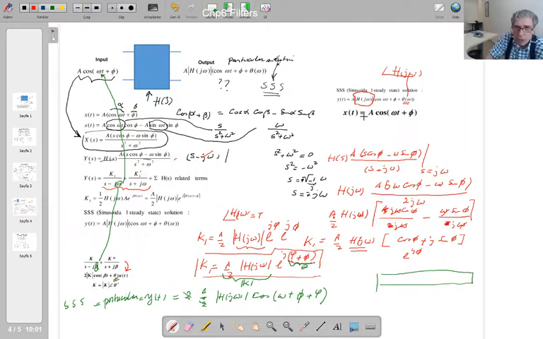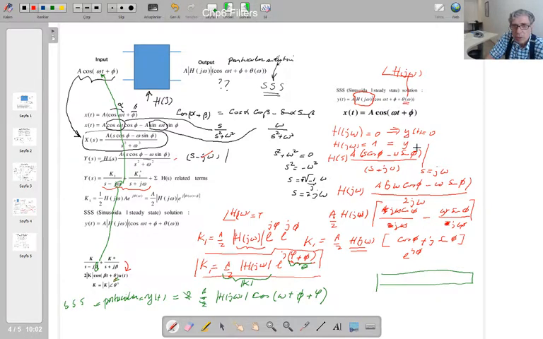So we are saying now, that's the input and that's the output. If H(j omega) is equal to 0, what it means is my output is equal to 0, isn't it? If H(j omega) is equal to 1, my output is like the input, isn't it?